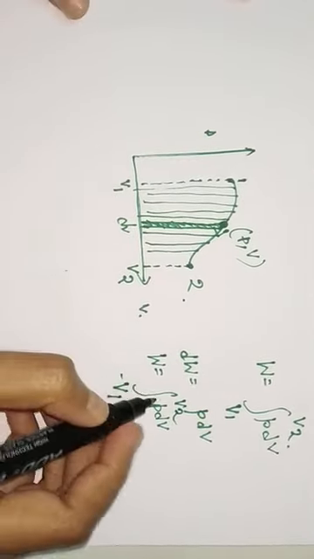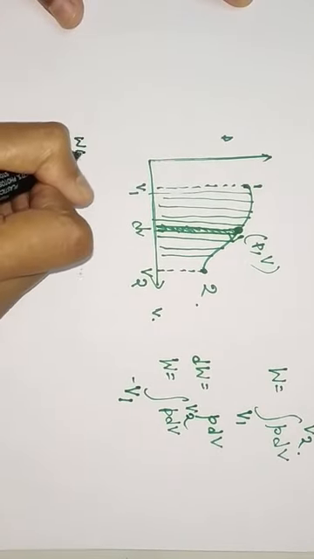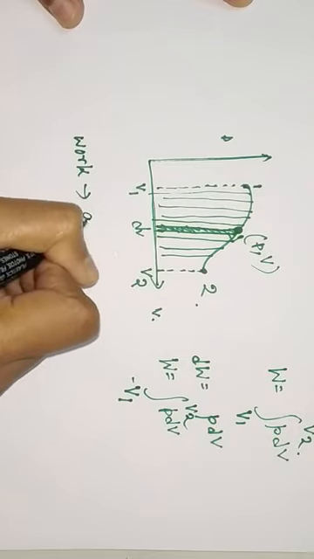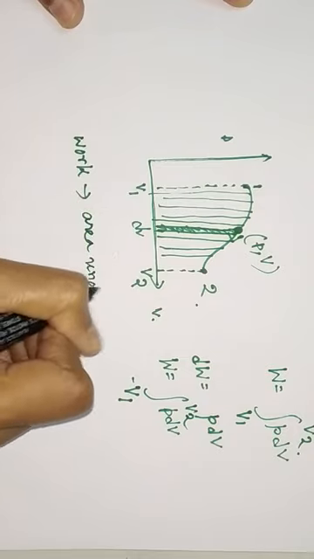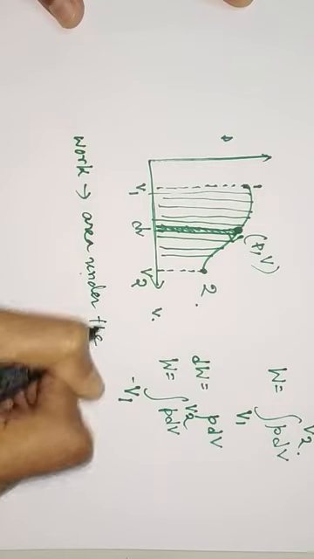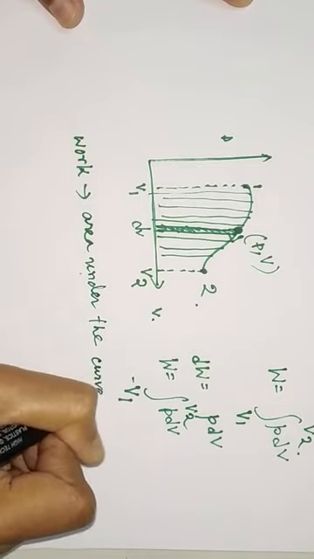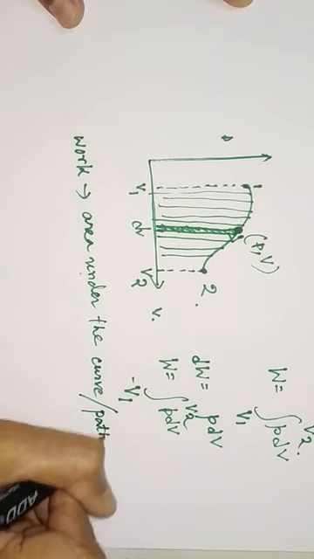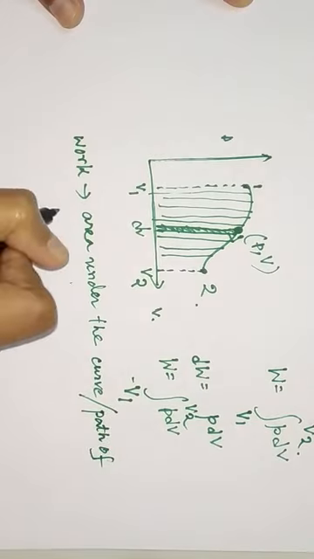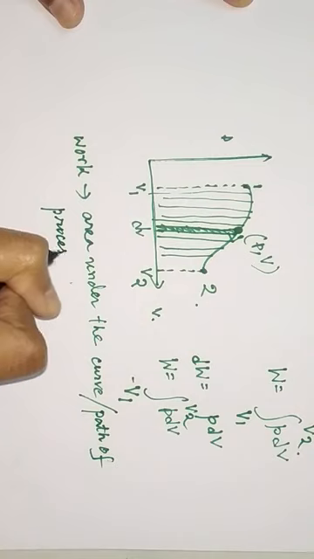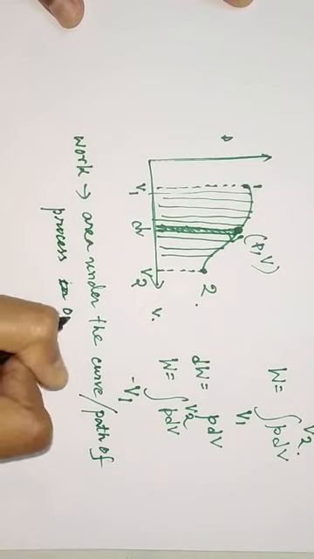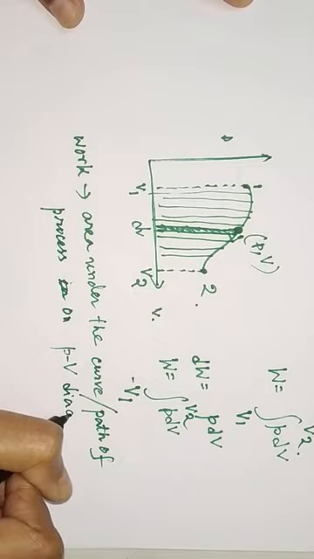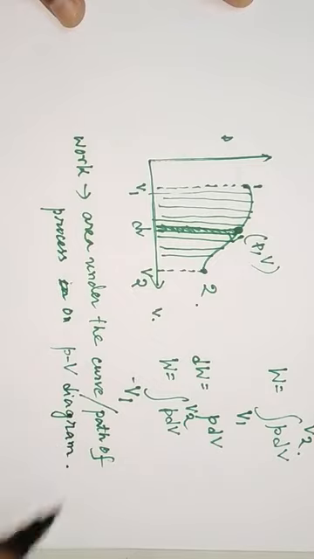So for thermodynamic work done, the work done is the area under the curve, or path of process, on the PV diagram.